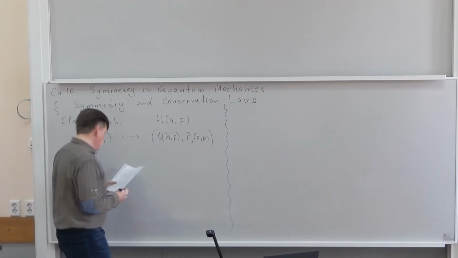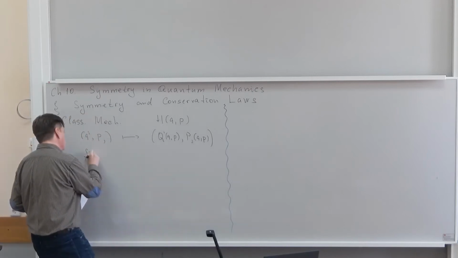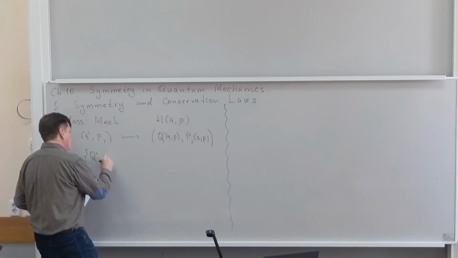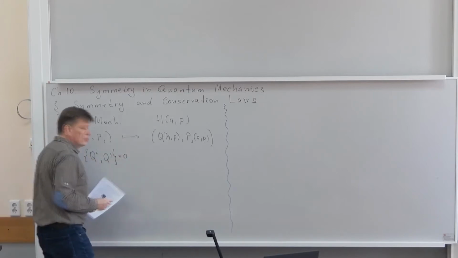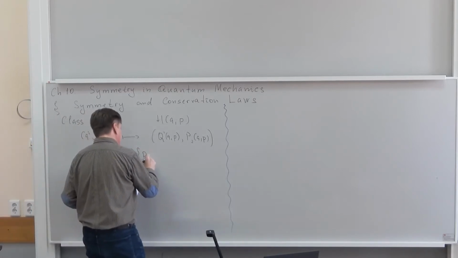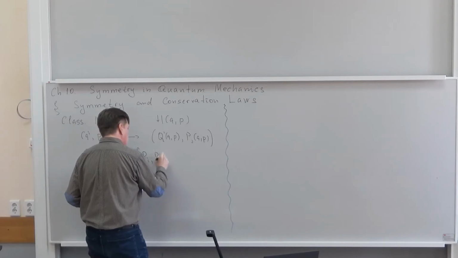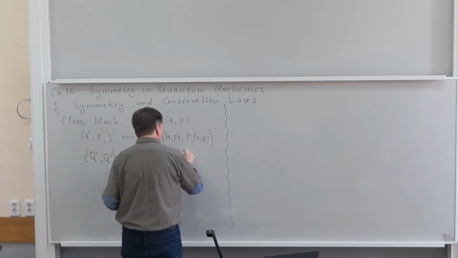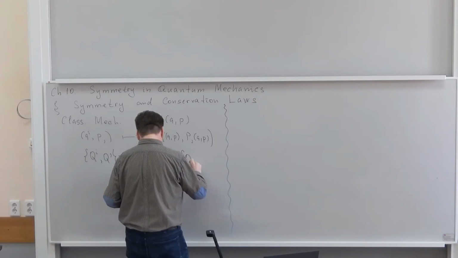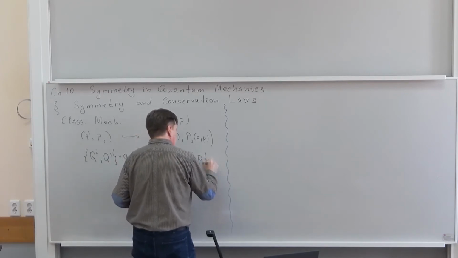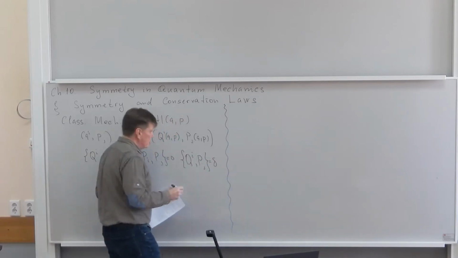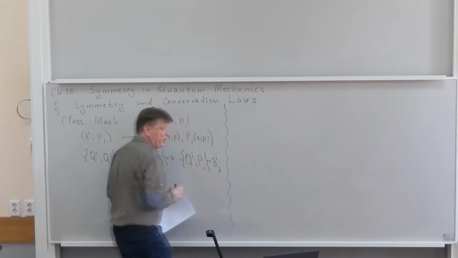They have the same fundamental Poisson brackets, that is {Q_i, Q_j} is equal to 0, {P_i, P_j} is equal to 0, and {Q_i, P_j} is given by the Kronecker delta_ij.